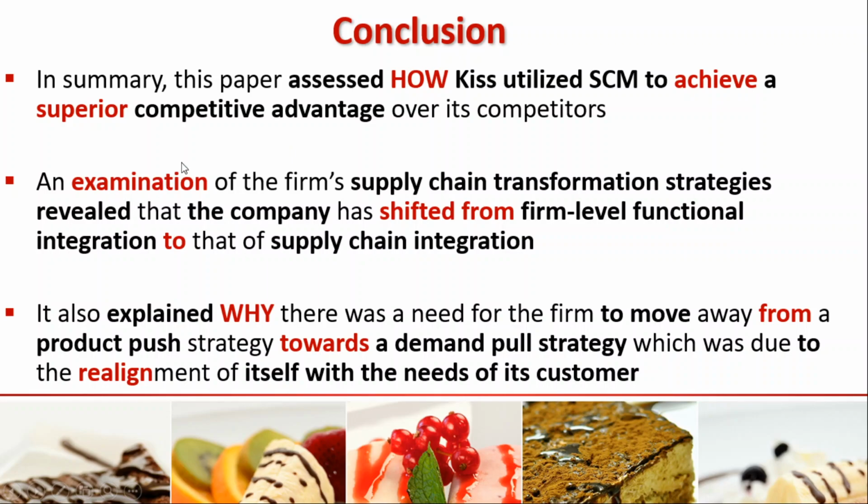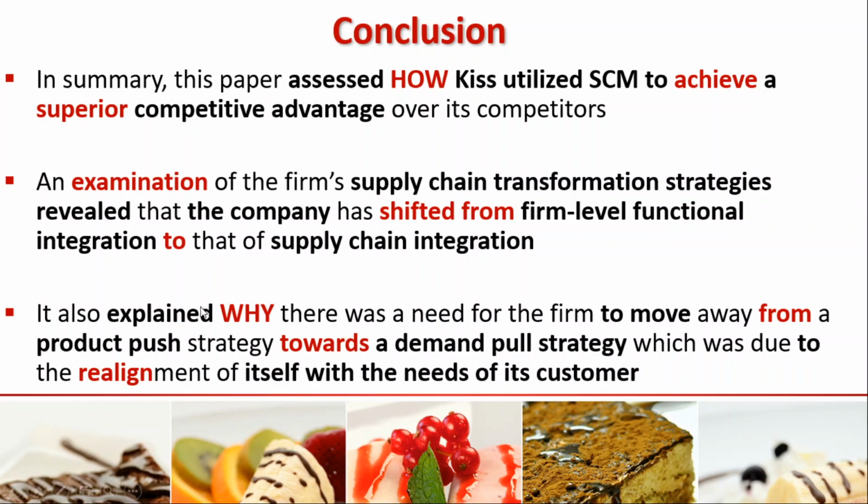An examination of the firm's supply chain transformation strategies revealed that the company shifted from firm level functional integration to supply chain integration. You just make one concrete statement and you paint it over here in your conclusion. Remember, your conclusion is not long, it could be anywhere between 100 to 150 words, 200, 250, 300 maximum, because you're just reiterating what you're saying.